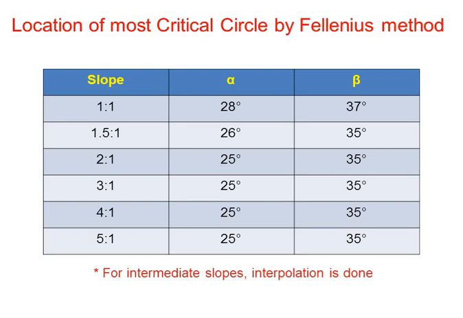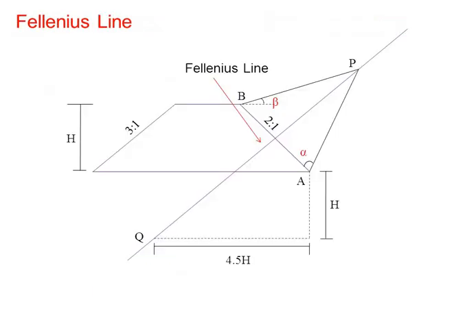For intermediate slopes, interpolation of the values of alpha and beta can be done. A point Q is located with its coordinates h and 4.5h with respect to point A at the extreme end point of the sloping face of the dam.